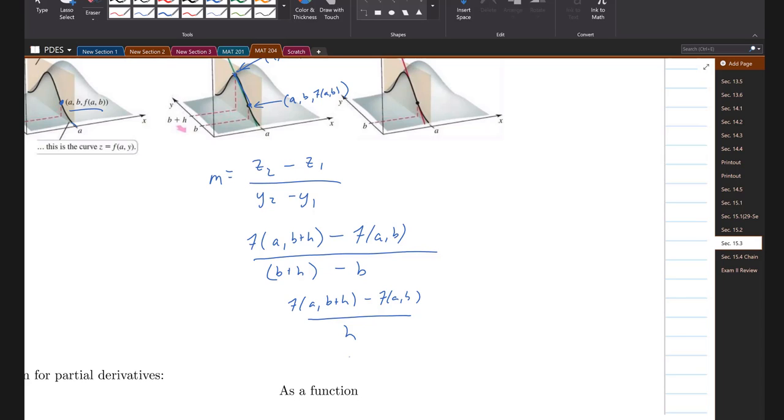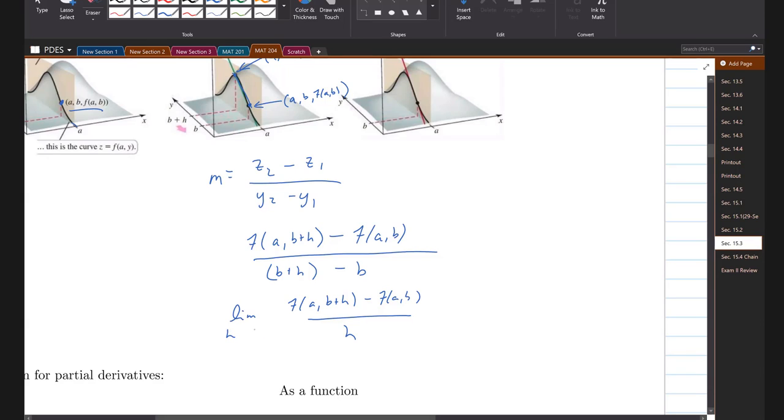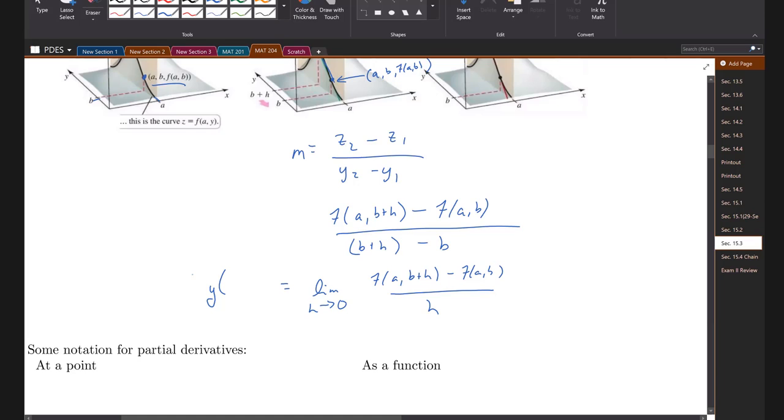We're using the slope of the secant line as a stand-in for the slope of the tangent line, but to make that a better approximation, we look at the limit as h goes to 0. And this gives us the partial derivative of f with respect to y at that ordered pair.